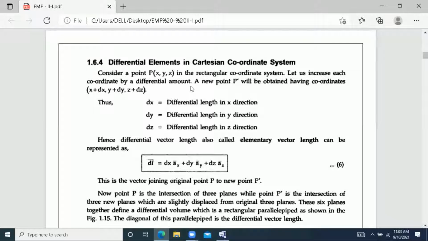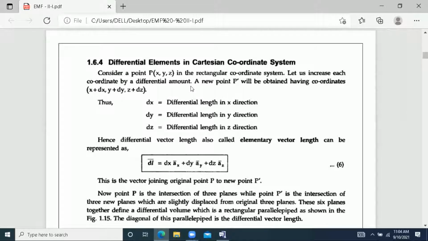When we differentiate with a simple XY graph, we differentiate dx, dy, that with respect to one coordinate.